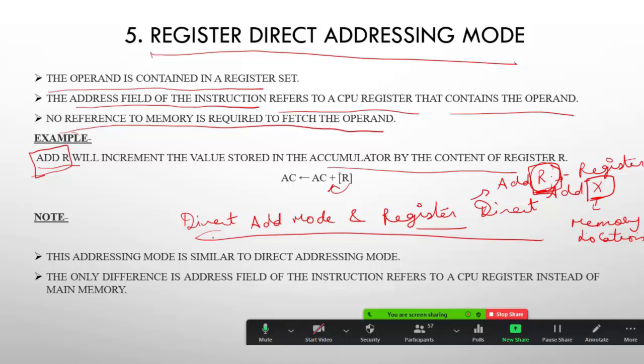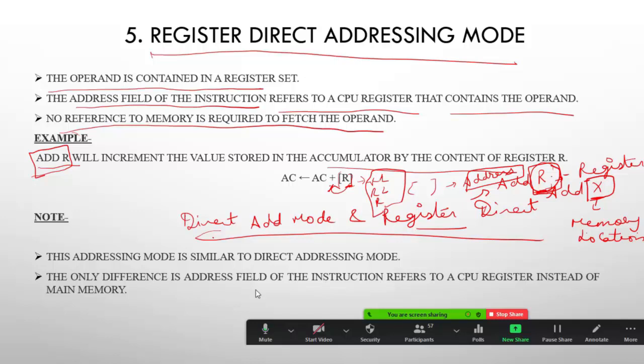Now the square bracket is actually used to represent the address, not the memory location. It is used to represent the address. Okay, so whatever content is stored in the register will be added to the content of the accumulator. Now here the register can be R1, R2 and so on. So this addressing mode is similar to direct addressing mode.